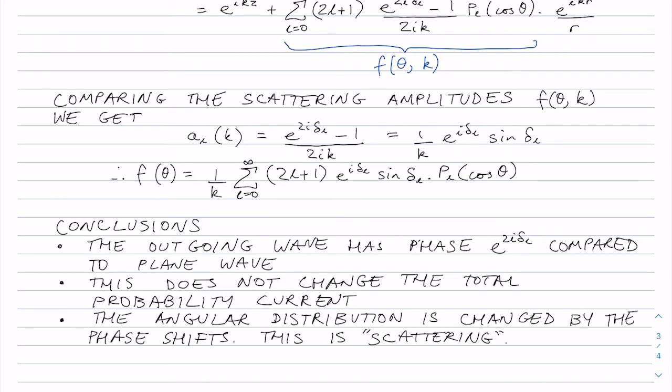So in fact, the entire scattering problem has been reduced to finding these delta_L's for each partial wave, and these delta_L's will change the angular distribution, f of theta, and this is all that can happen in elastic scattering.